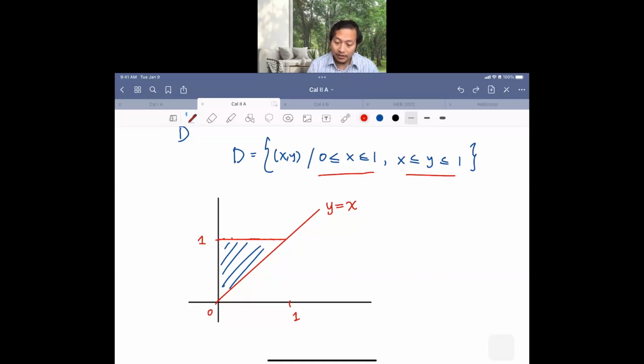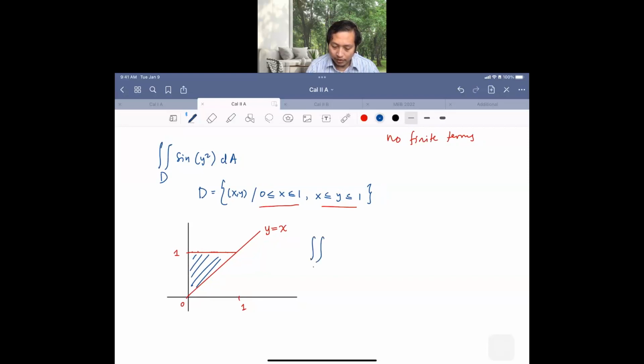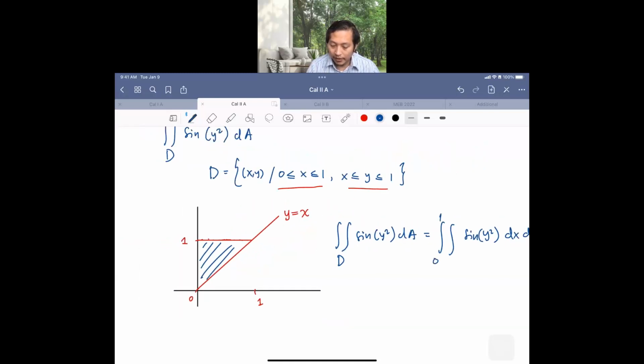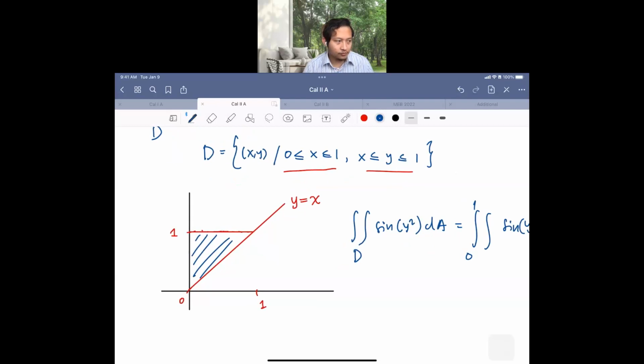So if you have this, then we can change the order of the integration. We write the double integral of sine y squared dA. If we want dx and dy, then we can take y from 0 to 1, and x is from 0 to y.